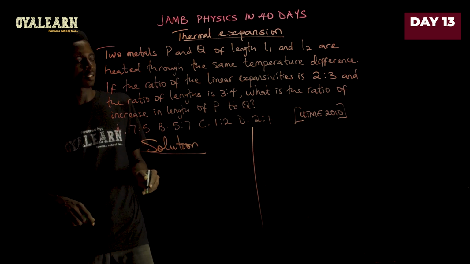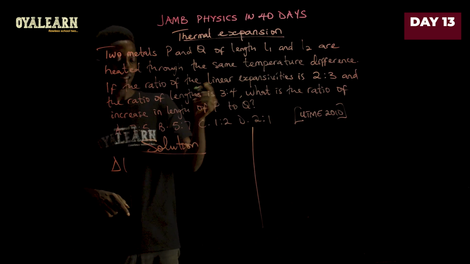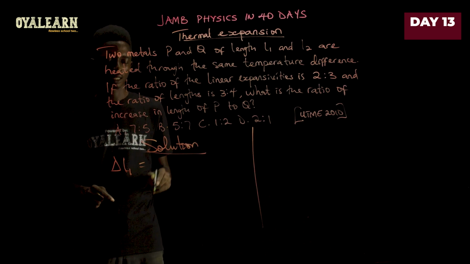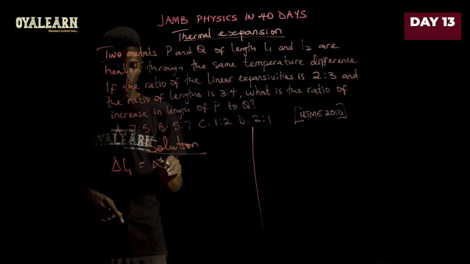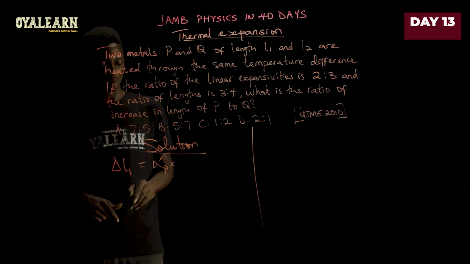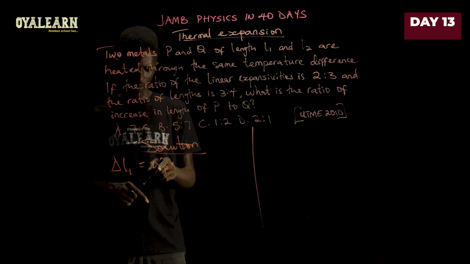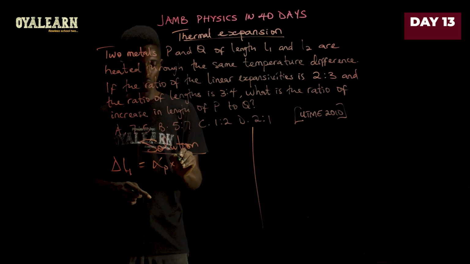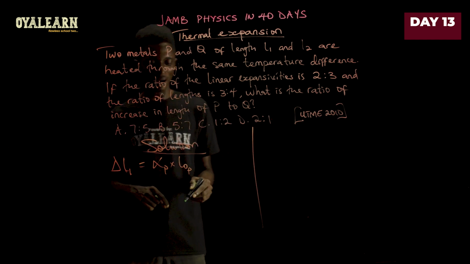Now the increase in length for P, let's call that delta L1, would be the linear expansivity for P multiplied by the original length of P, let's call that L naught for P, and then multiplied by the temperature difference.